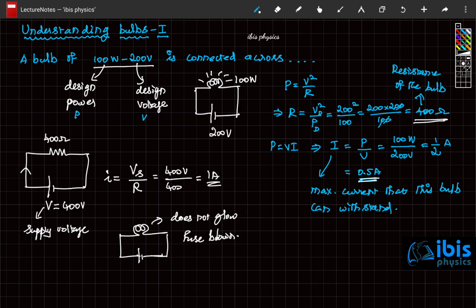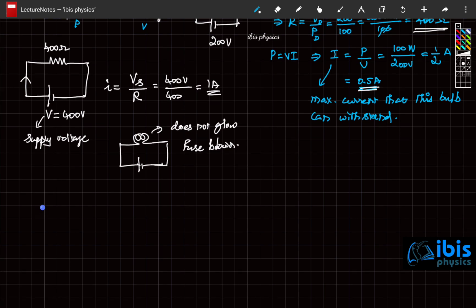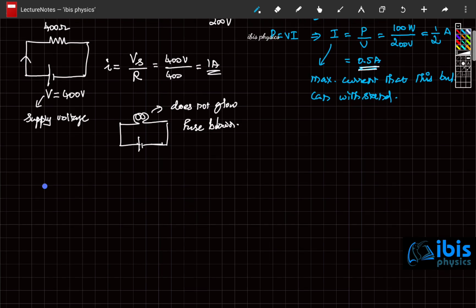And what if this bulb is connected across a 100 volt battery? The bulb here is, look at this, a 100 watt 200 volt bulb, connected across 100 volt.